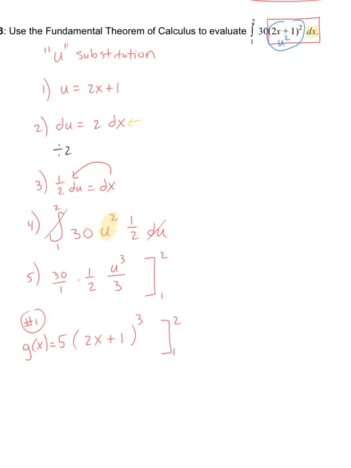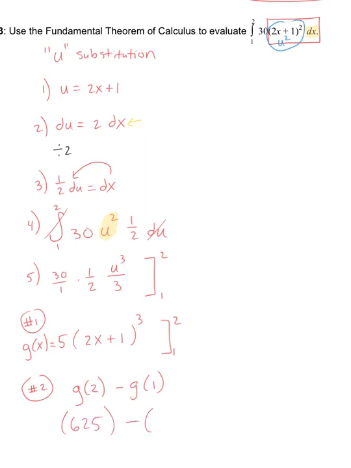Okay, the second step, now we plug in. We plug in our upper limit, the top of the bracket, minus the lower limit, the bottom of the bracket. All right, when I plug in 2, I'm just using my calculator table. I'm putting my antiderivative in y equals, and I'm going into my table. When I plug in 2, I'm getting 625.